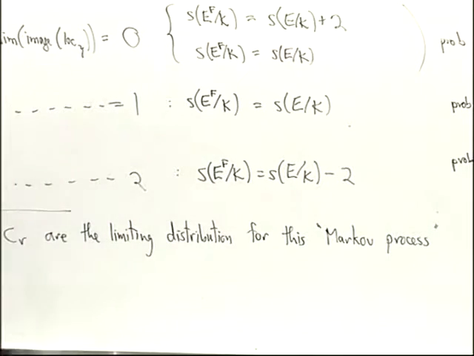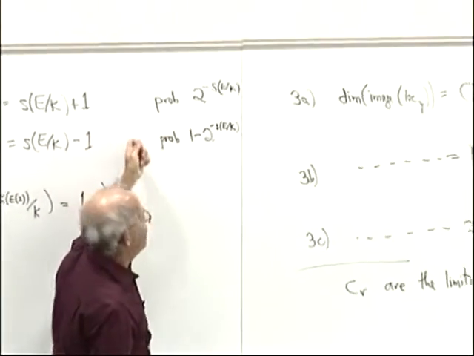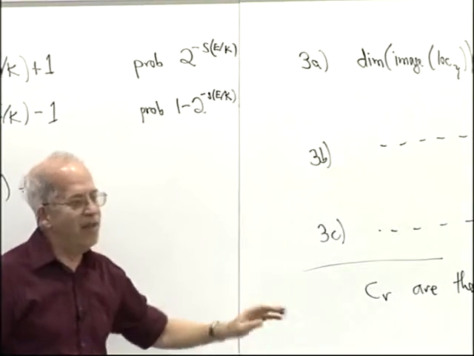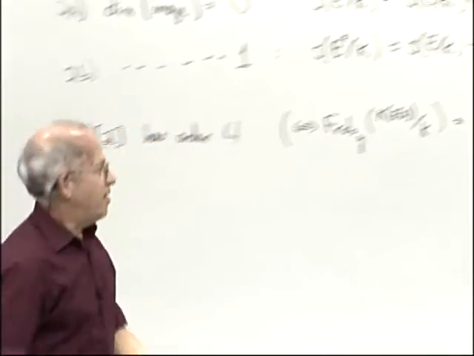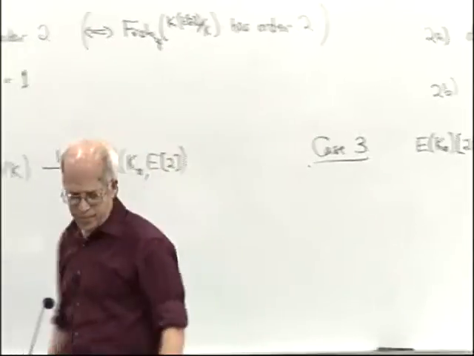And if you think of things this way, it also tells you why Selmer ranks tend to be small. After all, the probability that it's going to go up is much less than the probability that it's going to go down. And the higher it is, the more likely it is to go down rather than up. And that leads to these values C sub r that fall off very quickly.